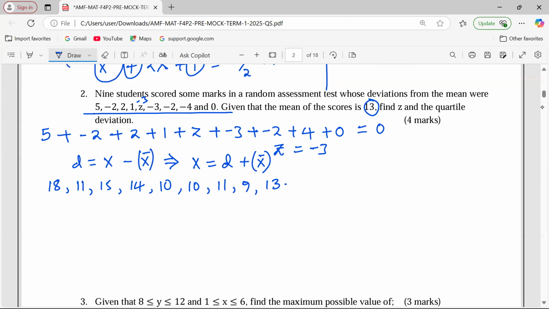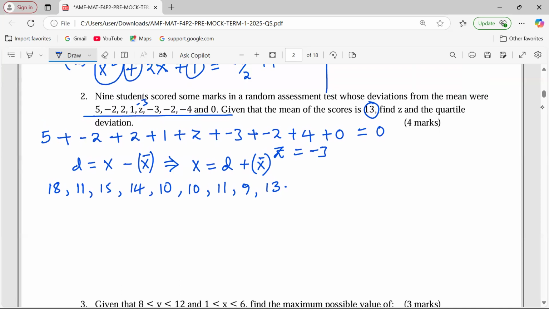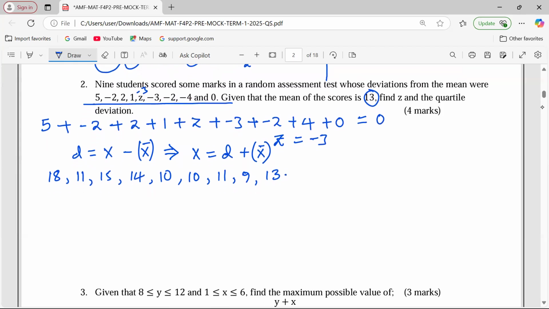This means now with the raw data, we can compute what we call the quartile deviation. And for us to get the quartile deviation, which is also called the semi-interquartile range, we need the lower quartile, the upper quartile, or rather the Q1, the Q3. These are only achievable when the data is arranged in ascending order.